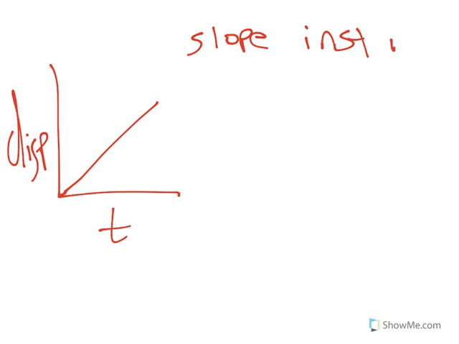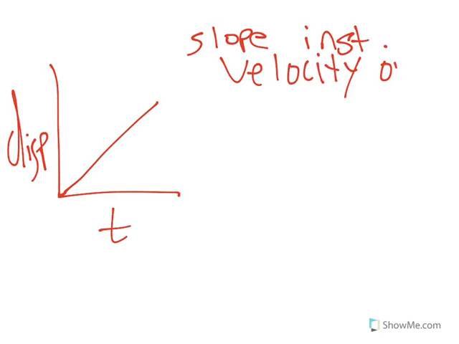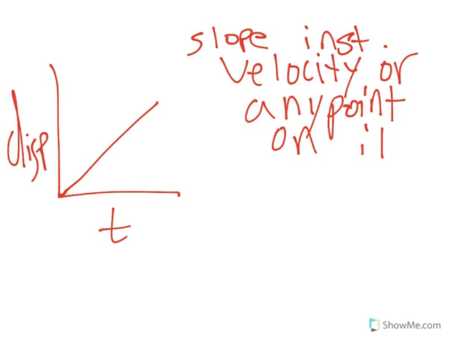But if we have a different line, you have to find a different slope. So the instantaneous velocity here is different than the instantaneous velocity here. Okay? You would have to do two different calculations to find those things. So whatever line segment the point is on is the instantaneous velocity for that line.